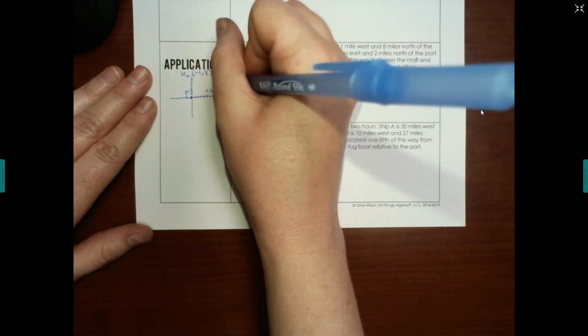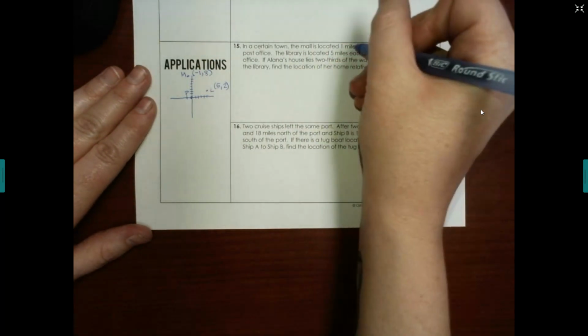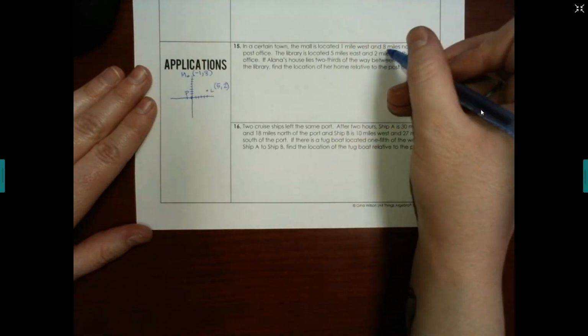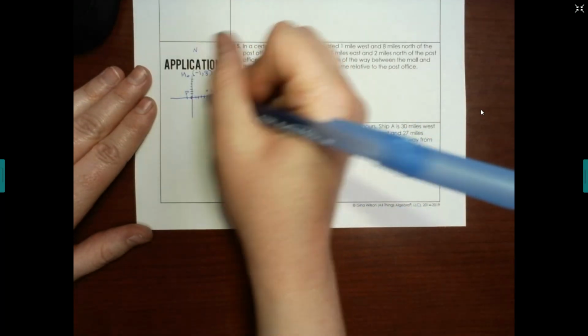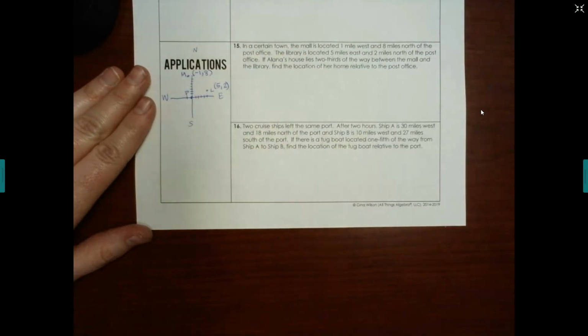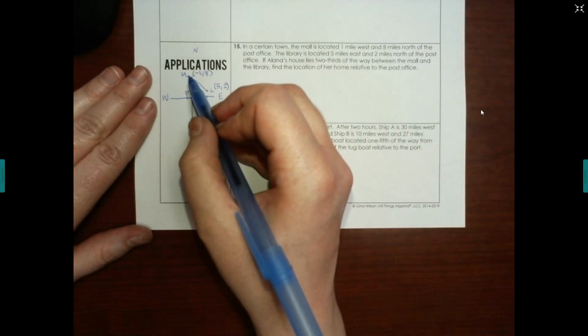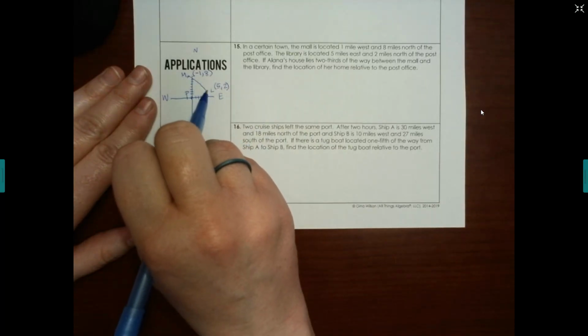Library, (+5, 2). And that's just assuming west is -1 mile, north is +8, right? North, east, south, and west, if we're breaking it up like that. And Alana's house is somewhere on this line segment, 2/3 between the mall and the library.